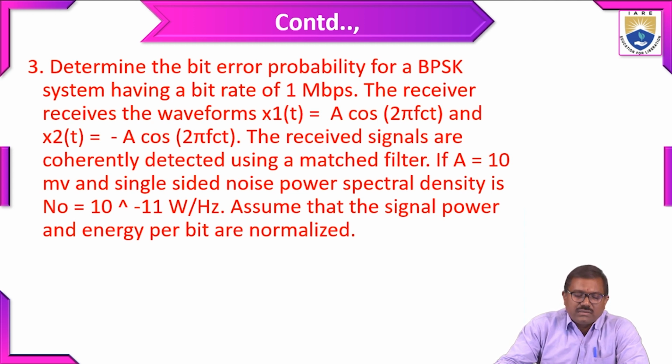The received signals are coherently detected using a matched filter. A is equal to 10 millivolts and the single-sided noise power spectral density is 10 to the power of minus 11 watts per hertz. Assume that the signal power and energy per bit are normalized.